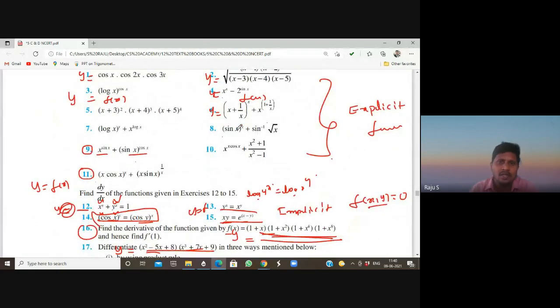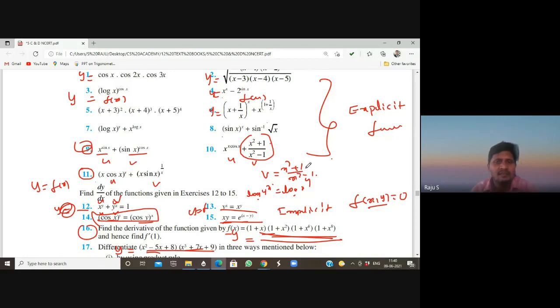Okay, students. So you can try question number 9, 10, 11. These three problems. This is u, this is v. See, in this question, when you consider v is equal to x square plus 1 by x square minus 1, either you can apply the quotient rule, the u by v formula, or else you can take log.